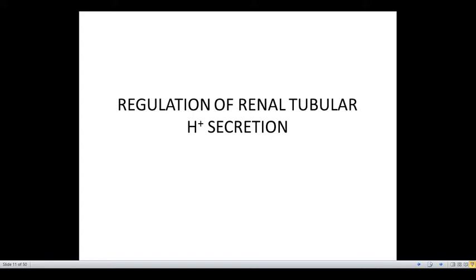Therefore, the rate of hydrogen ion secretion is very carefully regulated, and that is the topic of this section: regulation of renal tubular hydrogen ion secretion.